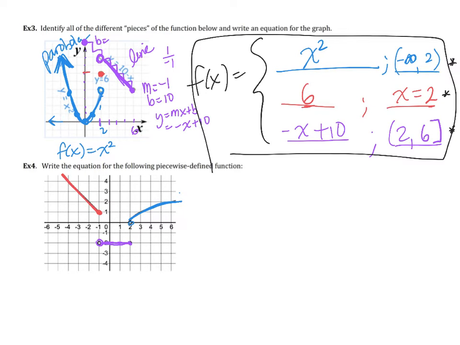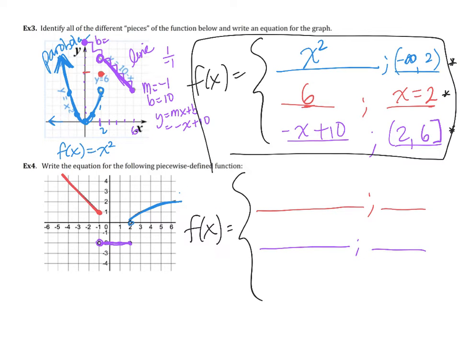So you're going to have 3 different pieces of this piecewise function. You're going to have the red part, the purple part, and the blue part. So go ahead and try this on your own and then unpause to see how you did.